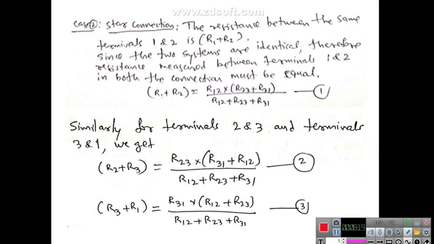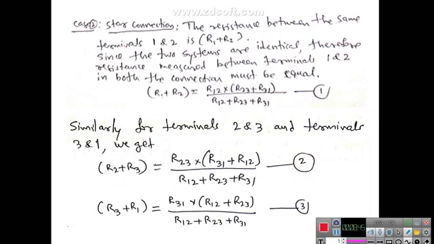Similarly, for terminals 2 and 3 and terminals 3 and 1, we will get the equations. In the star system, between terminals 2 and 3, we have R2 plus R3, and in the delta system we will get R23 into R31 plus R12 divided by R12 plus R23 plus R31.